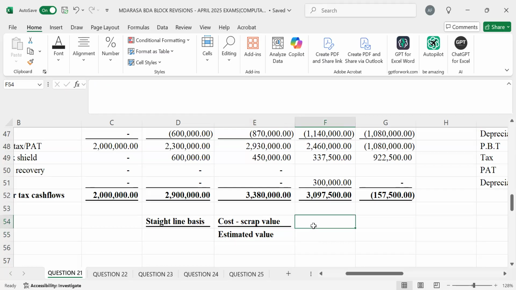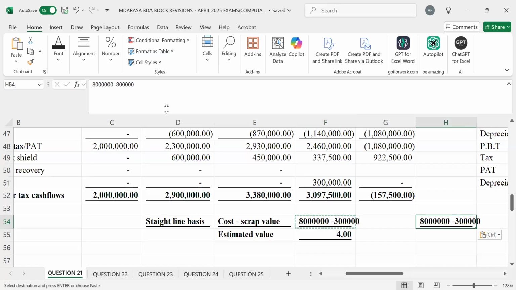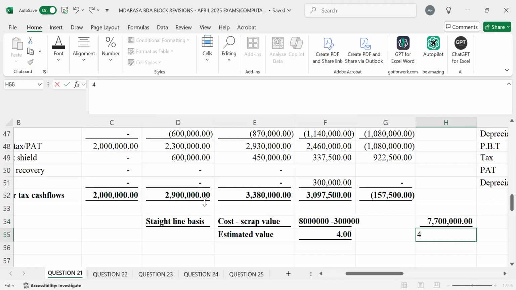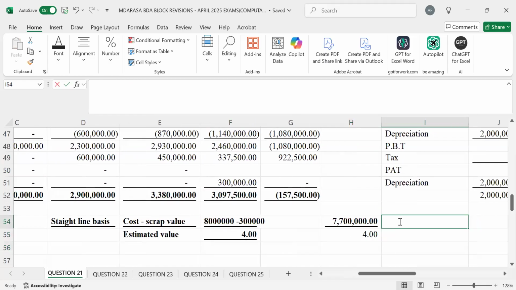So that you'll find that in this context, if it was a straight line basis, you could have taken the 8 million there less the aspect of scrap value, then you divide by the estimated useful life of 4 years, where our constant depreciation over the years will therefore be, of course, our value of that. In this case, we'll be getting that divided by 4 years. So depreciation that I'll be charging per annum, it will be a constant value of 1925.